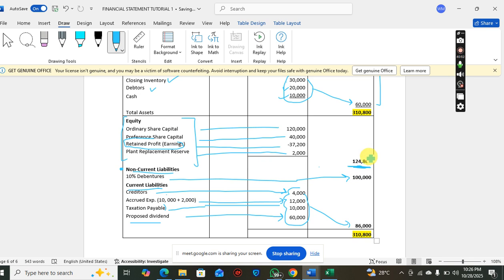Then you total up 124,800 plus 100,000 plus 86,000. Get your calculator to confirm. We get 310,800. So the total assets is equal to the total liabilities plus equity.